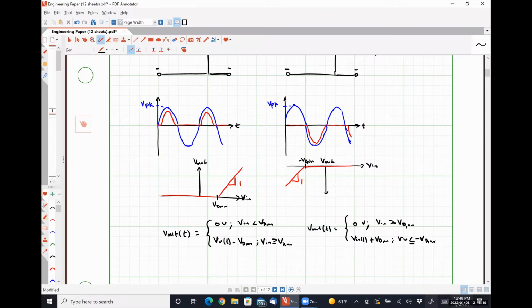Excuse me. So these are our two different types of half-wave rectifiers, okay?